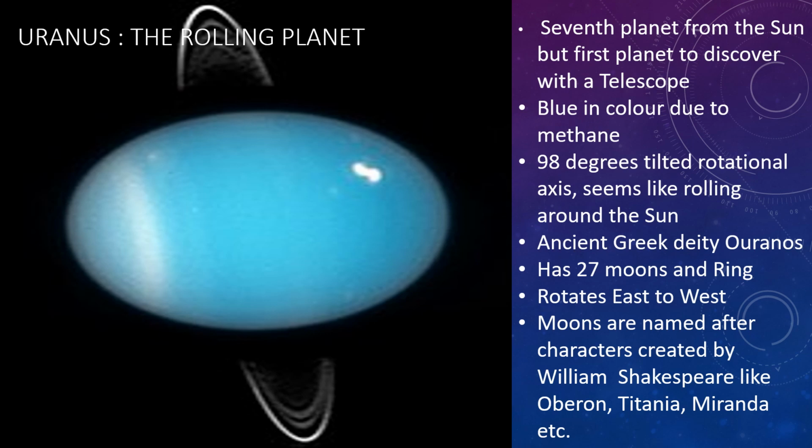Uranus's blue color is due to the presence of methane in its atmosphere, but the most distinctive feature of the planet is the fact that its axis of rotation is tilted 98 degrees. One can imagine it rolling around the Sun. One amazing fact about its moons is that they are all named after characters created by William Shakespeare, such as Oberon, Titania, and Miranda.